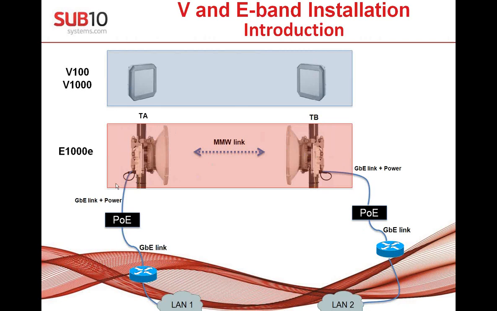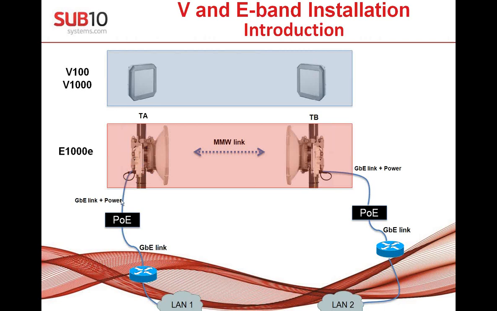You see that power is going through PoE. We are using a PoE injector, which is classified as PoE++. Depending on the product, we have up to 40 watts power consumption on this link. We use this connection also for data. It means there is one cable going from the PoE to the unit, no matter whether it's V100, V1000, or E1000, and data and power are delivered over this cable.